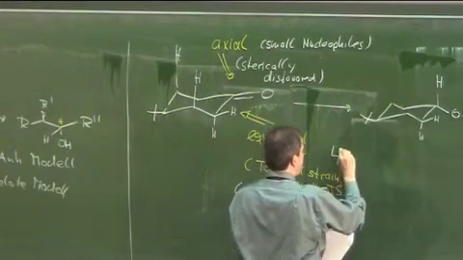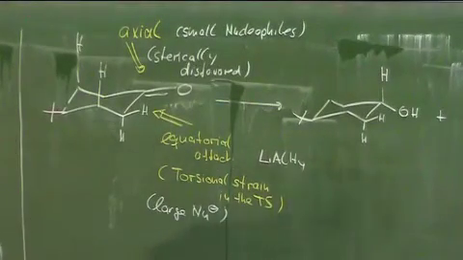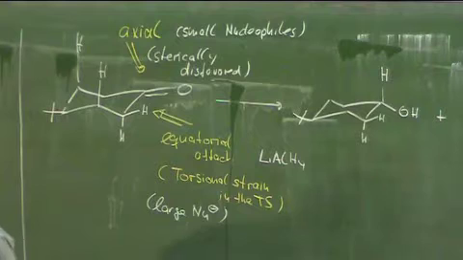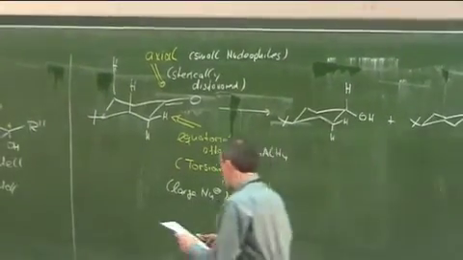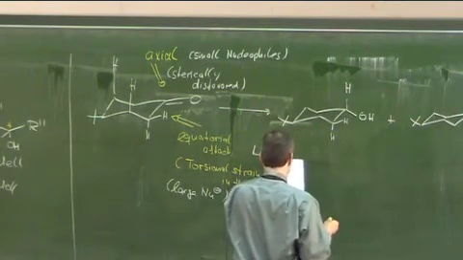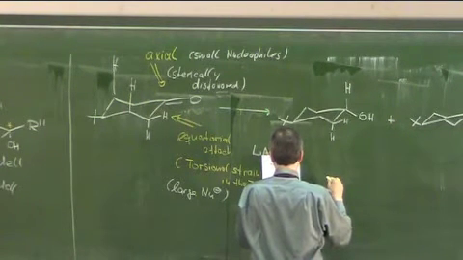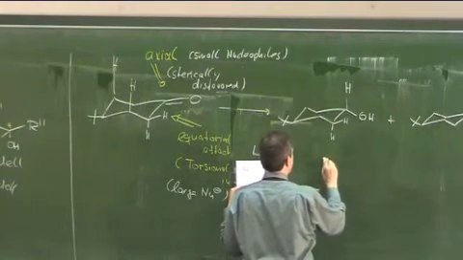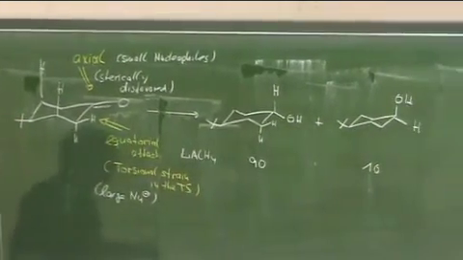And to have a concrete example, this reaction here, if you do the reaction with lithium aluminum hydride, it gives you a selectivity of about 9:1 for the axial attack.